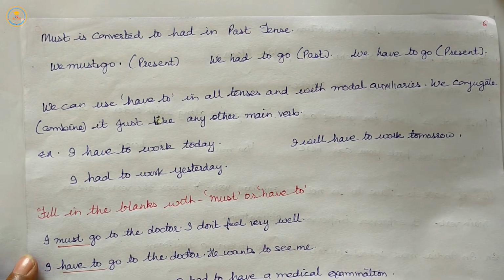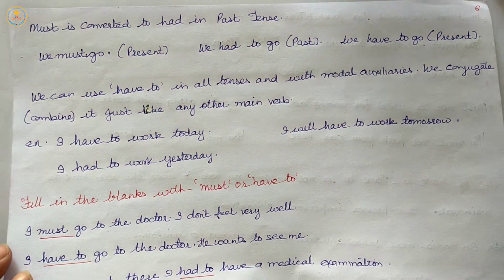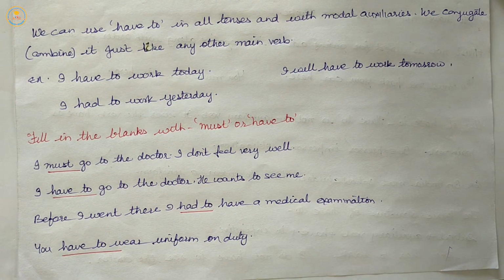Must is converted to had in past tense. We can use have to in all tenses, and we can conjugate it just like any other main verb. Let us see some examples, some blanks related to the use of must or have to.